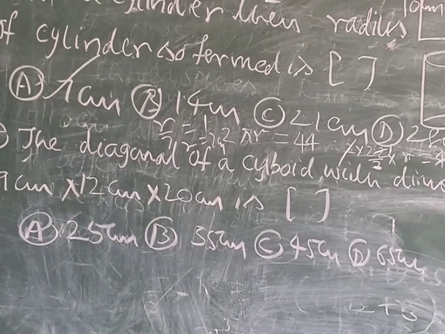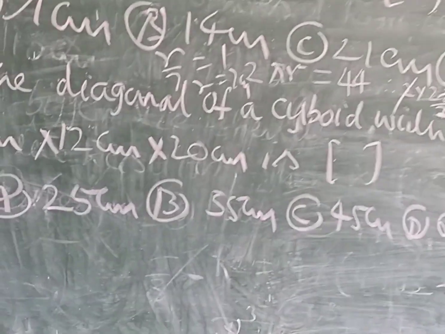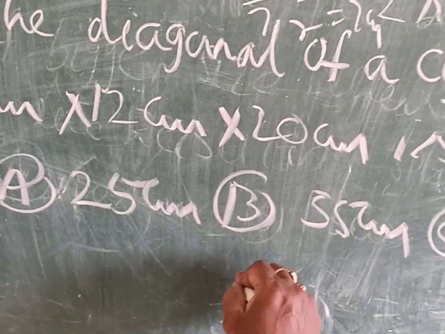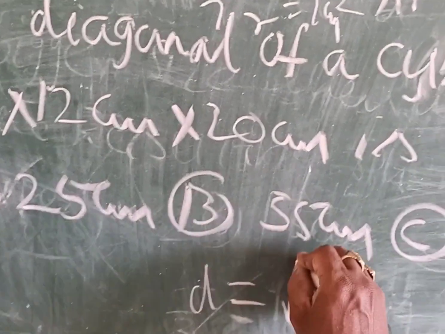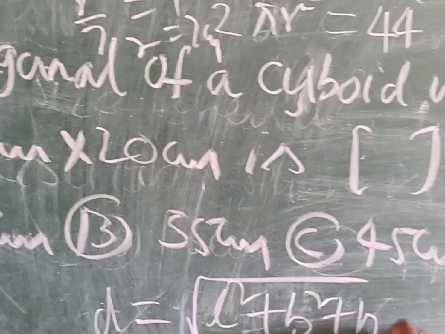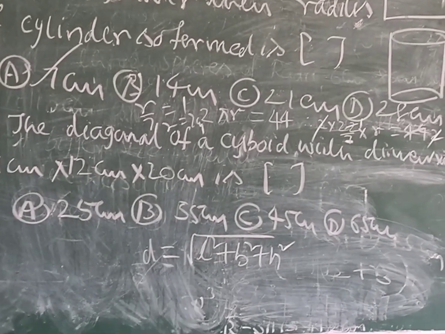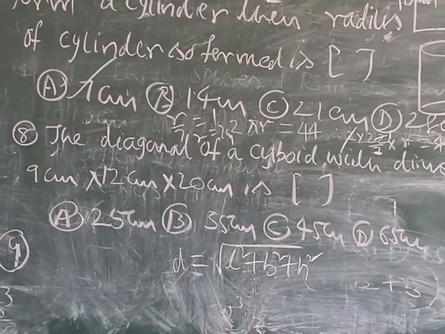The diagonal of a cuboid with dimensions 9 centimeters into 12 centimeters into 20 centimeters is. Diagonal of a cuboid D is equal to root of L square plus B square plus H square. Therefore, root of 9 square plus 12 square plus 20 square.